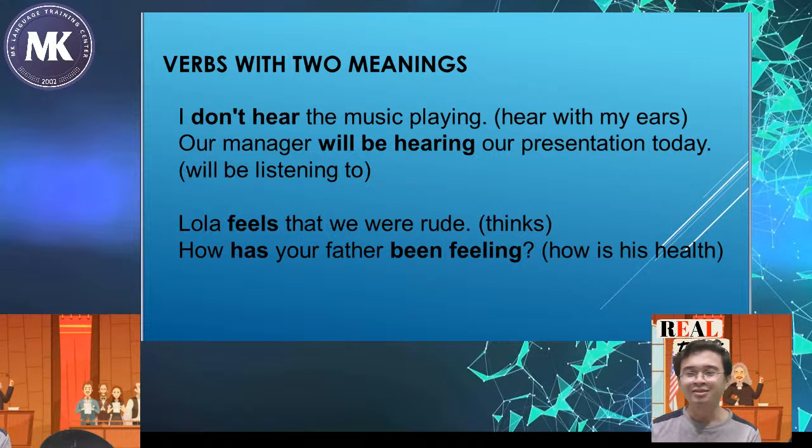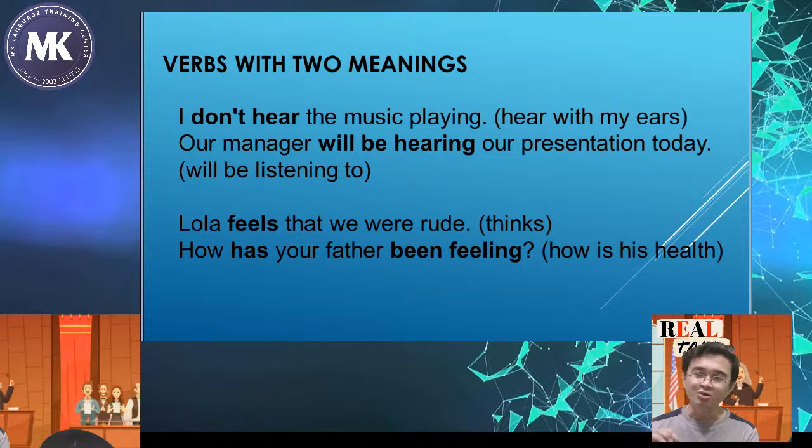Next one. Lola feels that we were rude. Oh, we have feels. For feels here, again, it's our sensing verb. For a sensing verb, we can change that into a linking verb. You can also say, oh, no, we cannot because we have that word here.